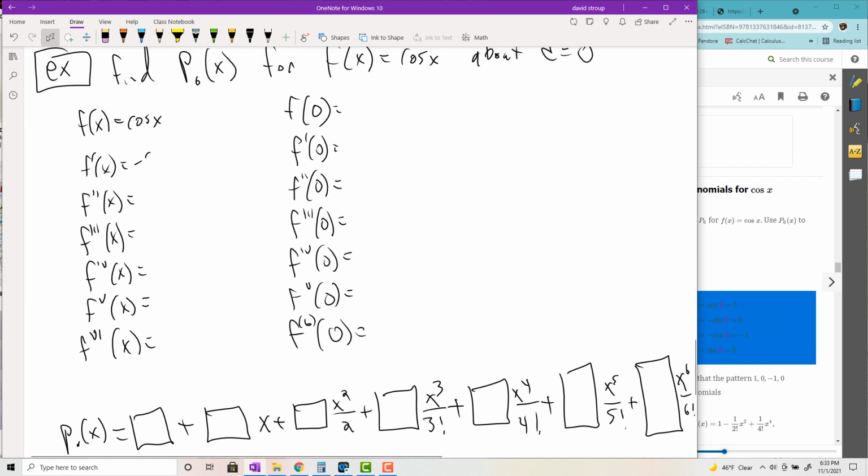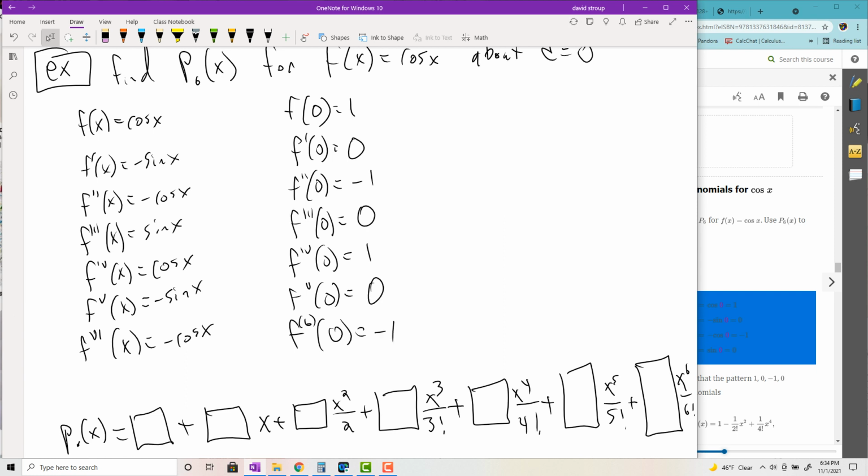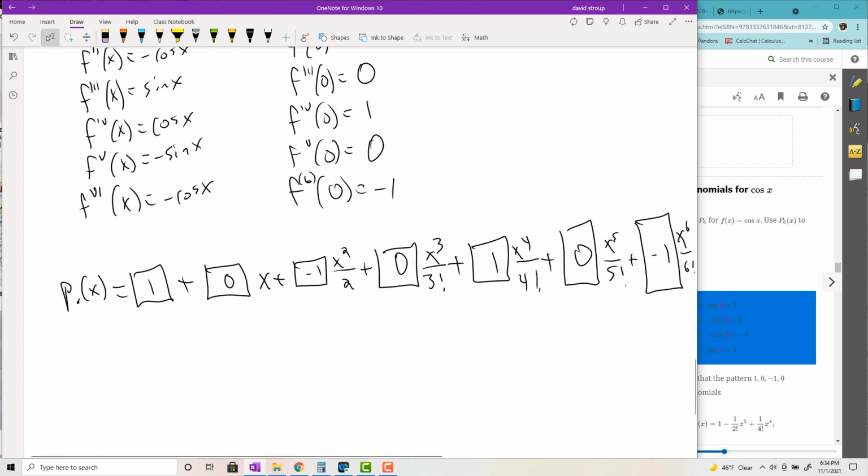So we need negative cosine; cosine is 1 at 0, sine is 0. So you get that. And then copy and paste, and then make it look pretty.